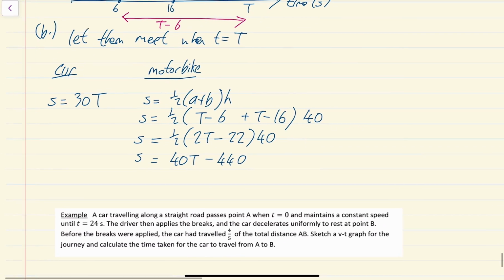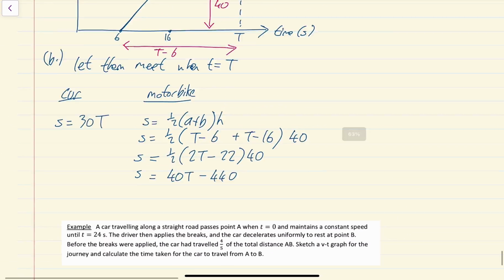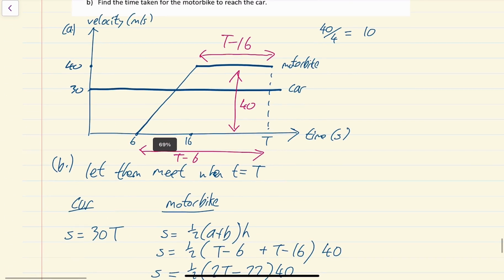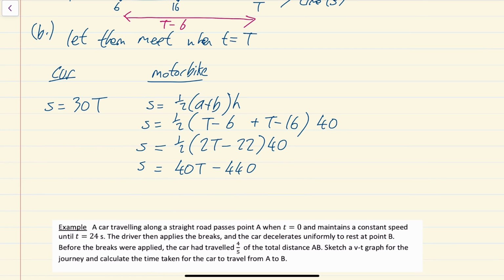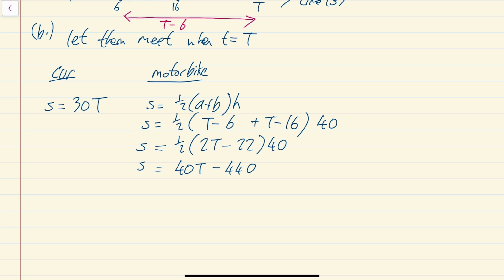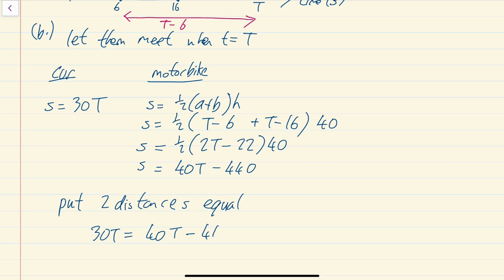Right, so you've got your two things. We've found those from the diagram. You can see, I'll just let you have a look at that. Once you've got that done, all you want to do then is put the two distances equal. You could just put s equal to s, but that means here we have 30t is equal to 40t minus 440.